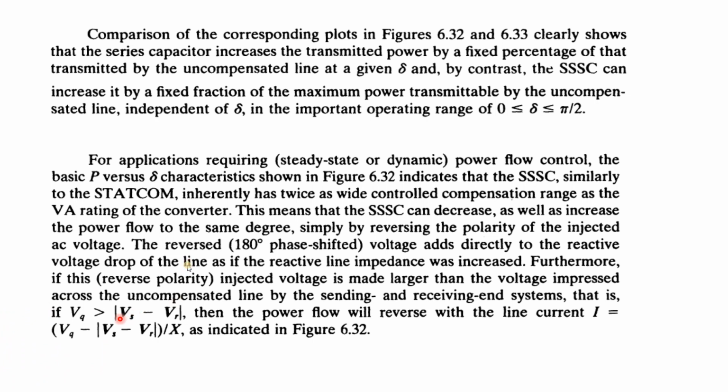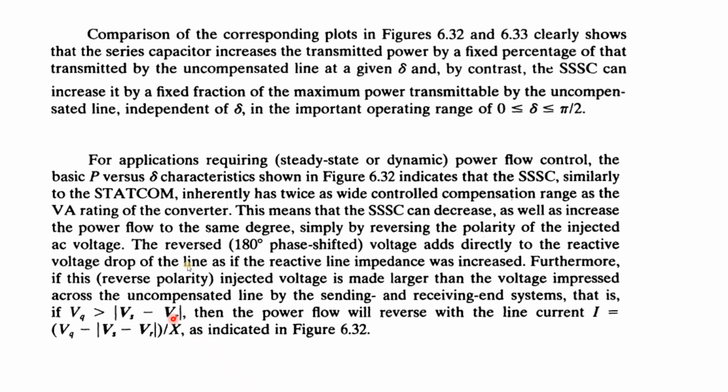Okay, that means the reverse polarity in such a way that, suppose in a transmission line the sending end voltage is Vs and the receiving end voltage is Vr, the difference between them gives you some value.